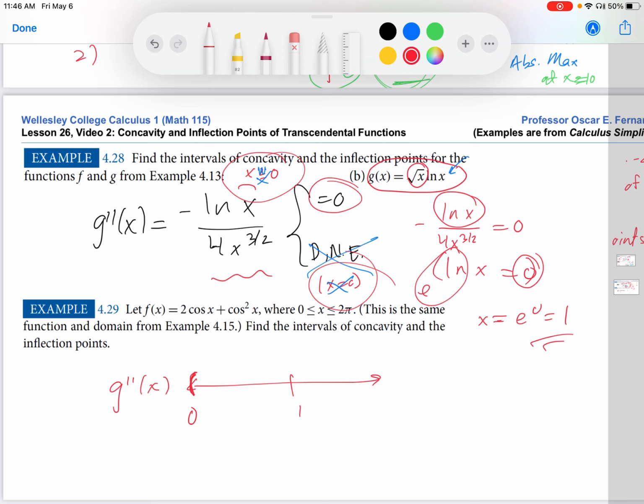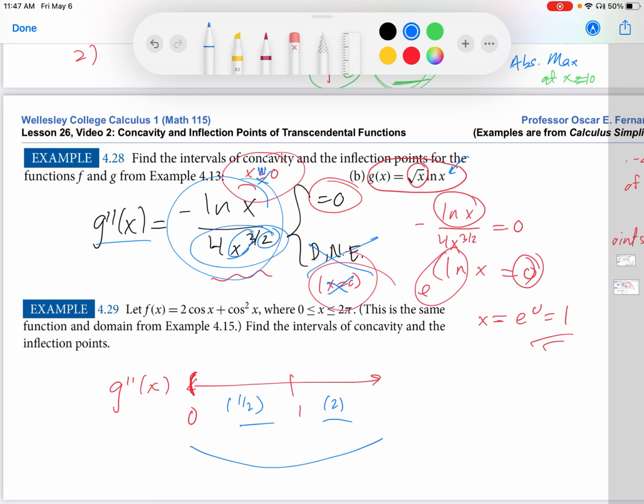I'm free to choose. So how about we choose something between 0 and 1? How about 1/2? And to the right, how about something like 2? We would be putting these numbers into the second derivative and then looking at the sign. One thing to notice is that because x is positive here, if I cube it and then take the square root, I will get another positive number.